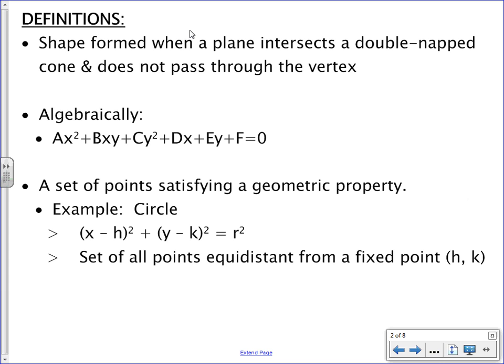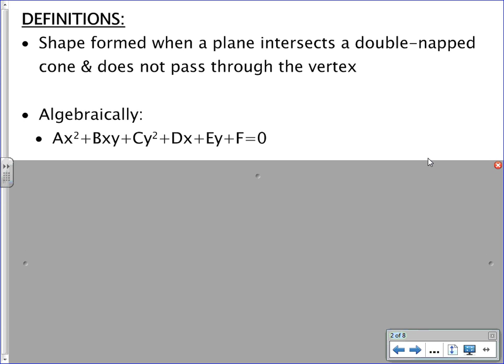So a conic section, we just talked about the different shapes we get when we intersect a plane with this double cone. Algebraically, it's going to look something like this. Now, all of these variables do not have to be present.